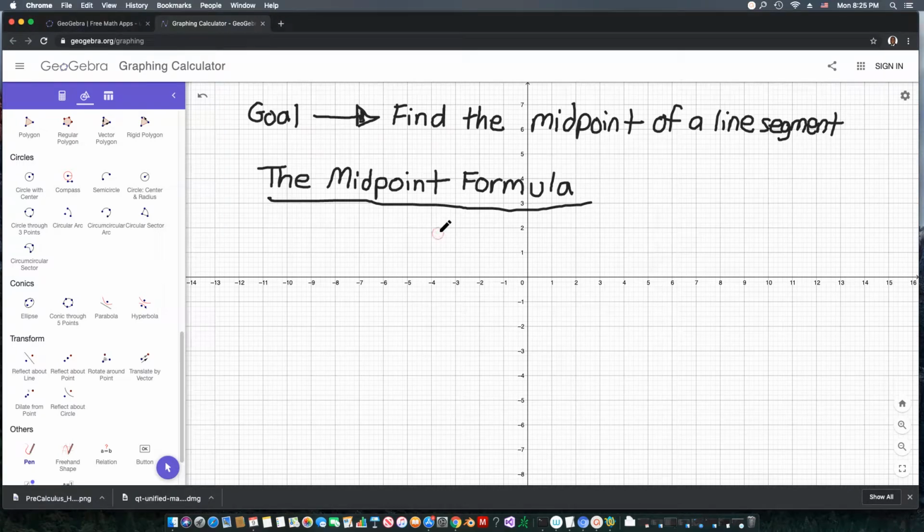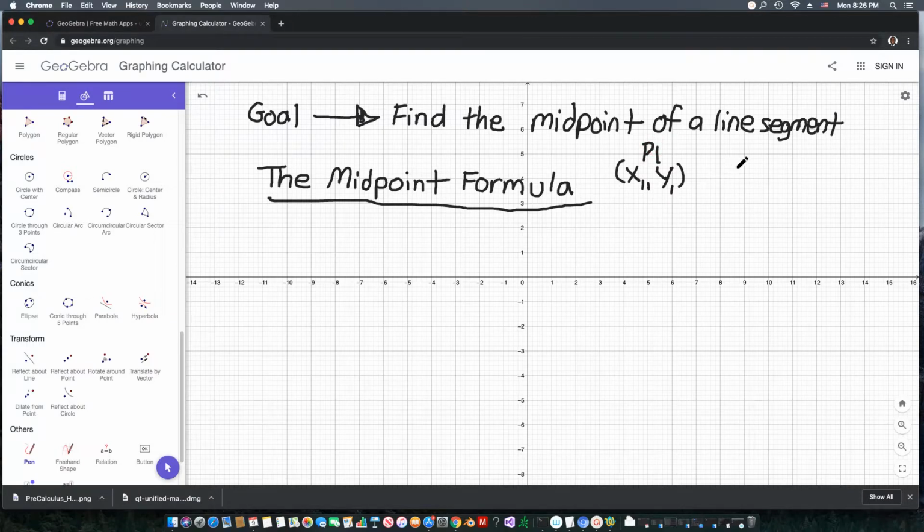All right, so let's say we're given 2 points. Let's say we have x1 and y1, and this represents point 1.